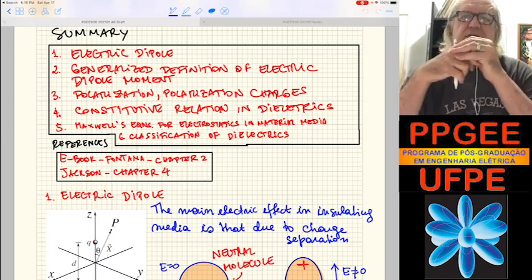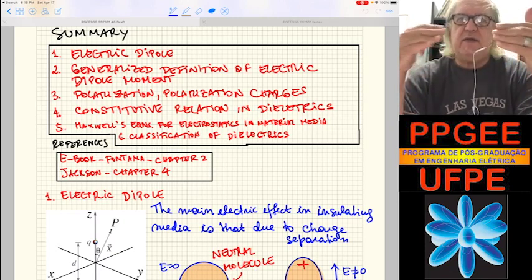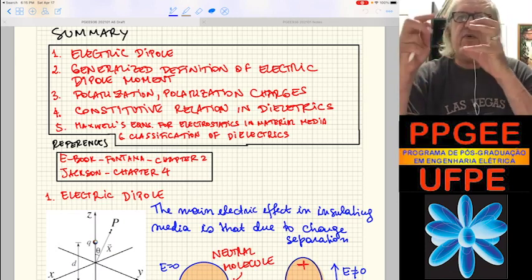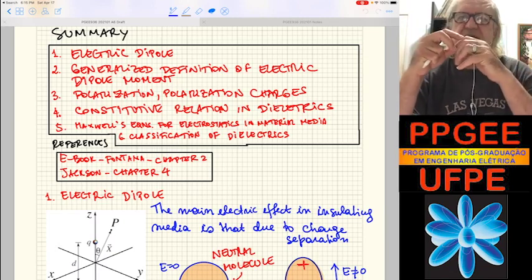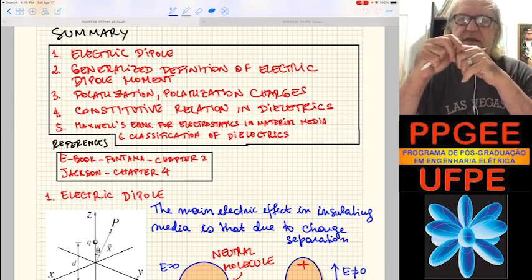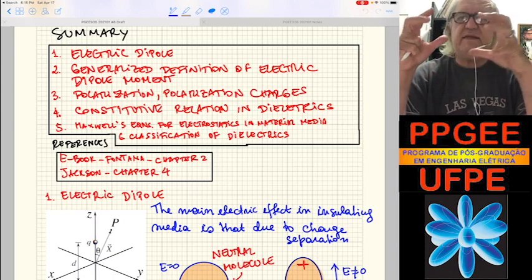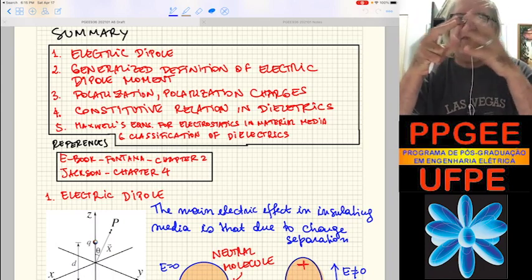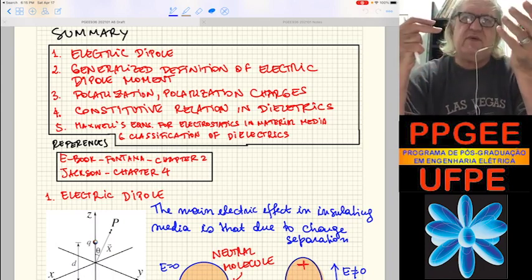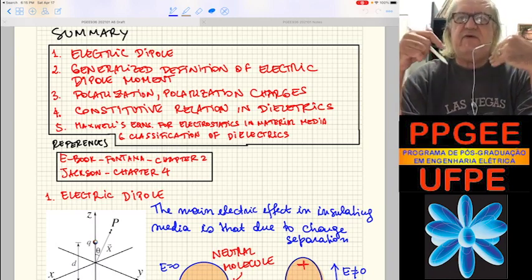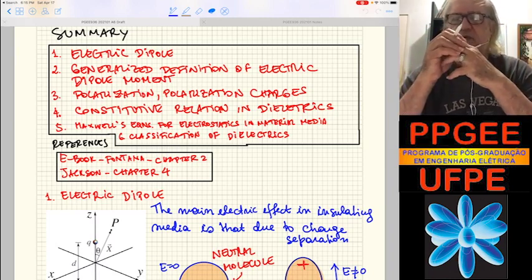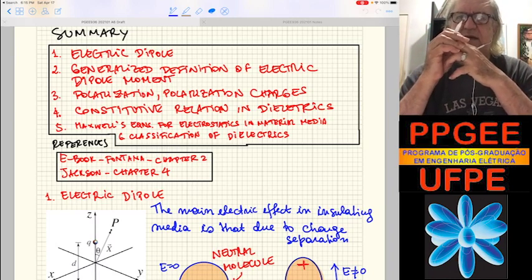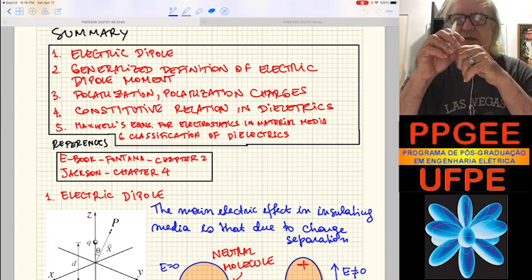So we can have other higher order configurations or combinations of charges that form neutral systems. But for us, it will be enough to study the electric dipole to explain insulating materials.